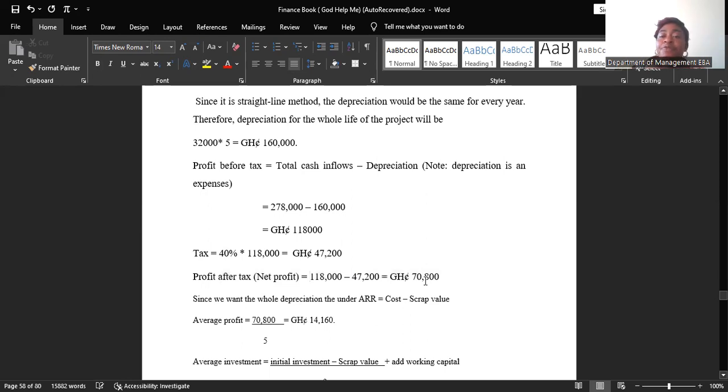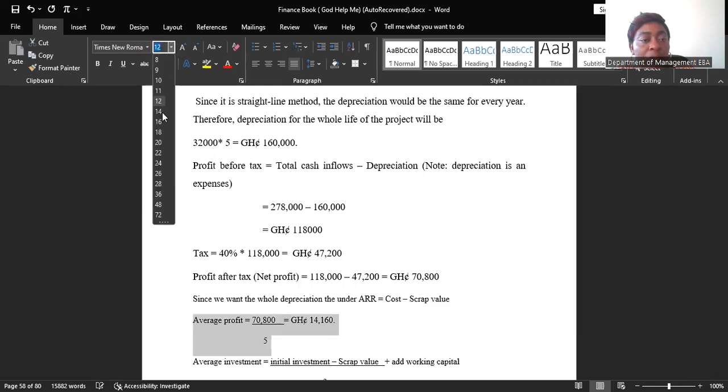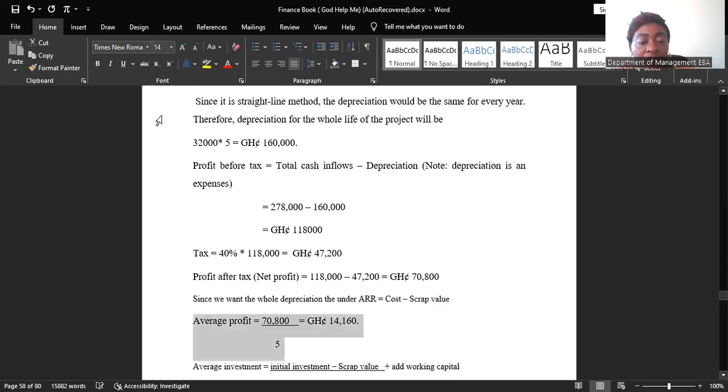Now we have profit, but we need profit over number of years. So the profit we got is 70,800, over the number of years, which is 5 years.